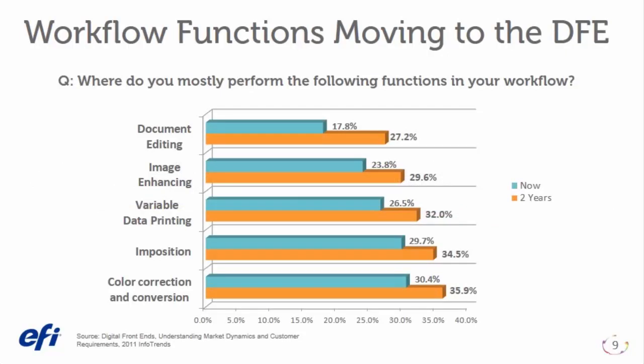And basically, what printers were saying 3 years ago is that they would prefer those pre-press functions to move to the DFE. For example, for imposition, almost 30% had in-RIP solutions, but then 34.5% were looking at keeping those functions at the RIP in a 2-year horizon. And the reason for that is that standalone or non-integrated software add more inefficiency in the workflow than anything else.